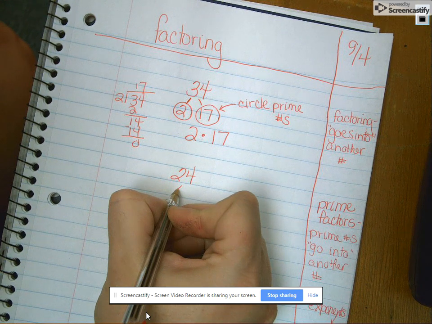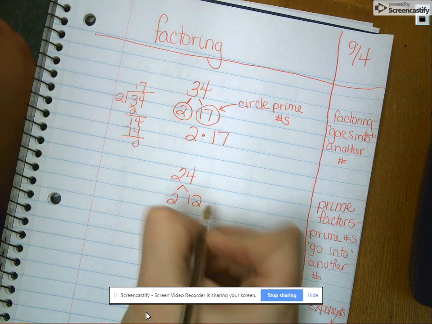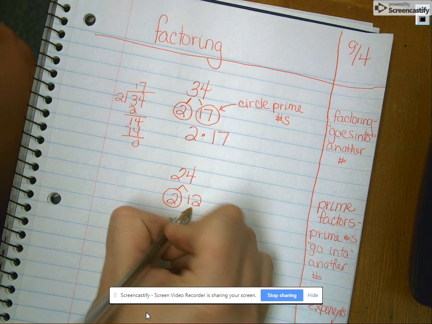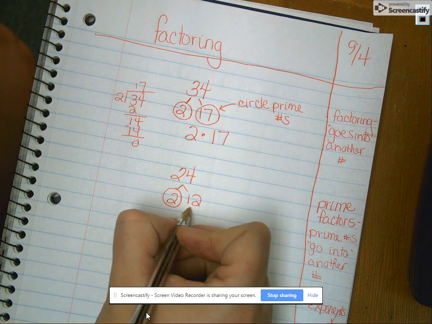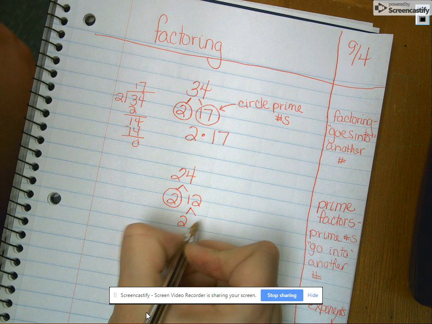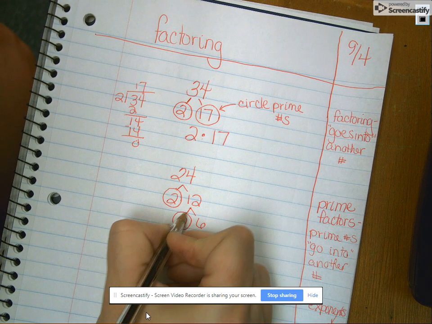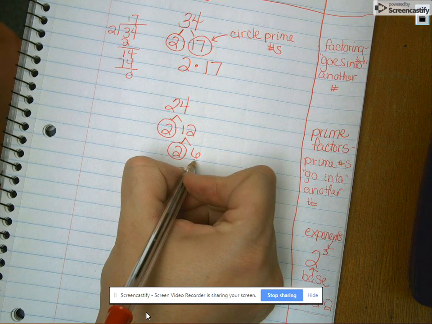Well, I know 2 times 12 is 24. 2 is a prime number, so I'm going to circle that. But 12 is not a prime number because I know 6 times 2 or 3 times 4 equals 12. So let's do 2 times 6. So I write down my 2 and my 6. 2 is prime, 6 is not. 6 is 3 times 2.